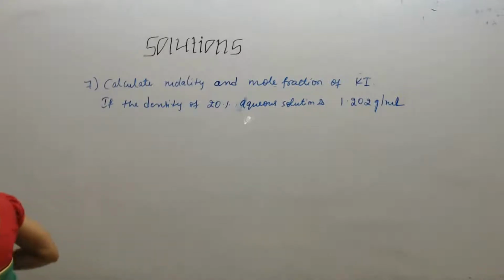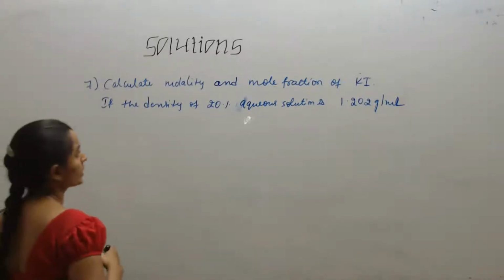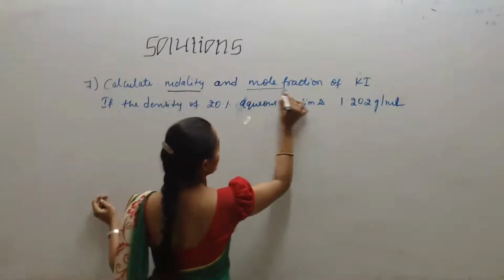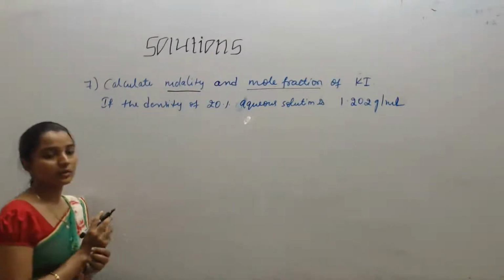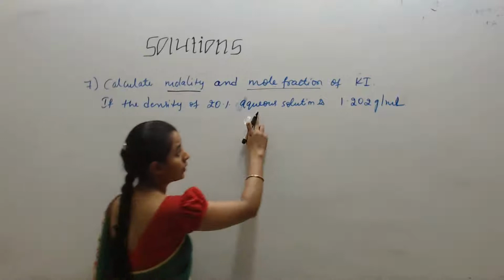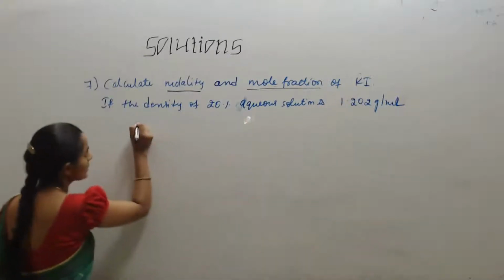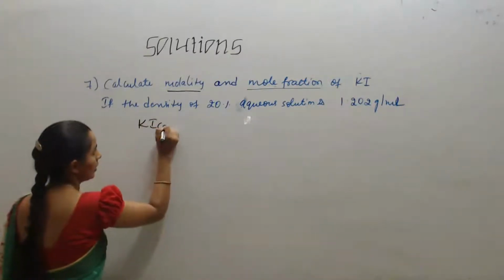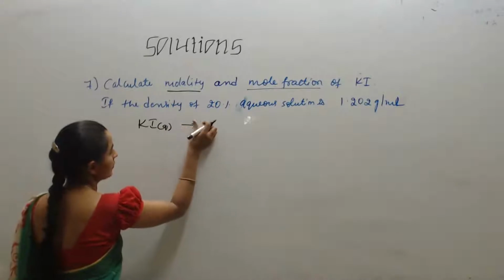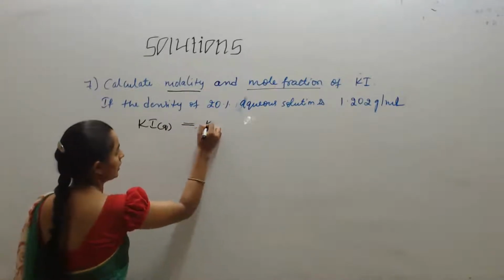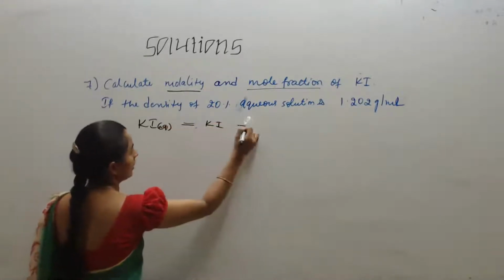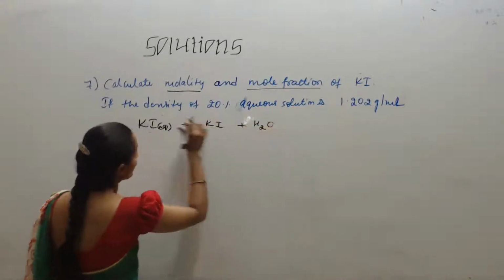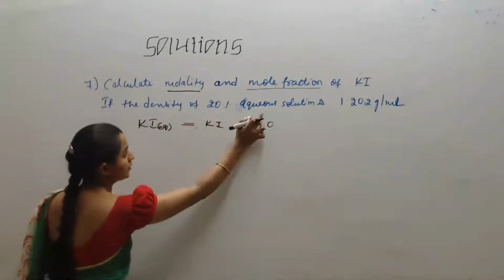Okay. So now we are going to check molality as well as mole fraction. What they have given? Aqueous solution of KI means it consists of what? KI and water. They have given 20% aqueous solution.